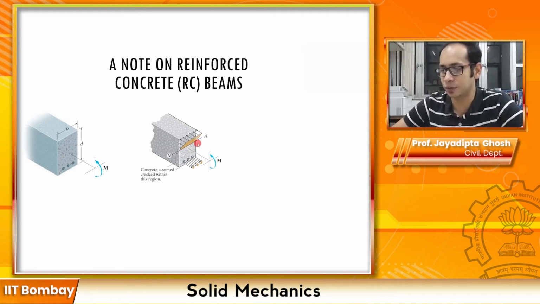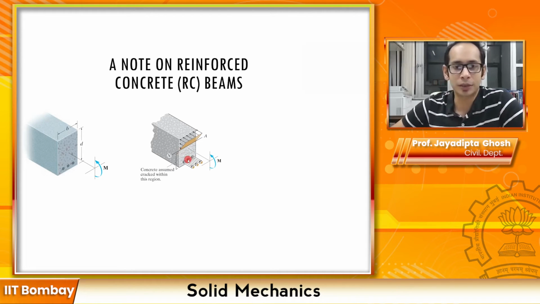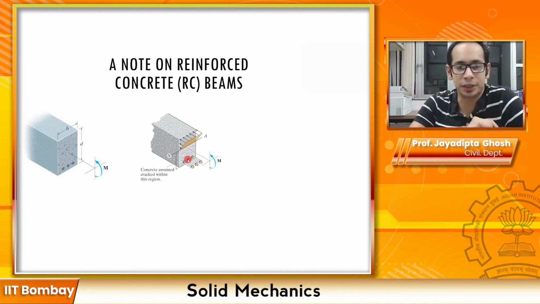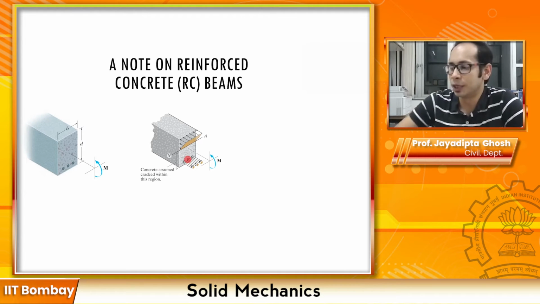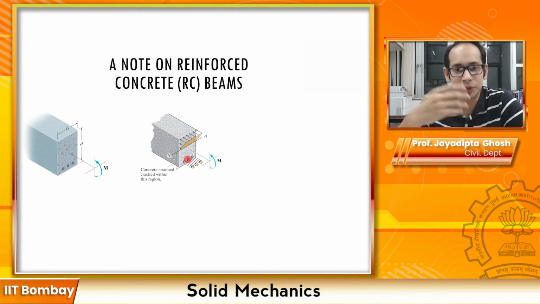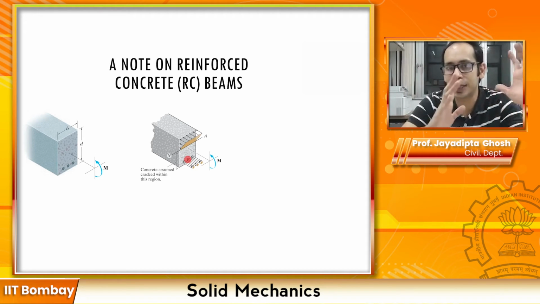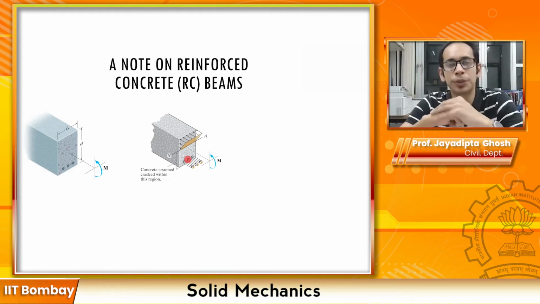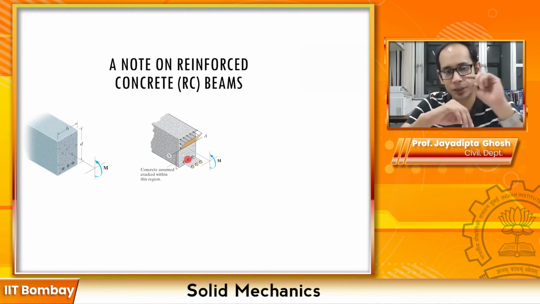You'll have a neutral axis over here. Below the neutral axis, concrete is actually so weak in tension. Below the neutral axis, it is assumed that concrete does not contribute at all to taking the tensile stresses which might occur in the beam, right? So the entirety of the tensile stress is assumed to be taken by the steel reinforcements that you have over here.